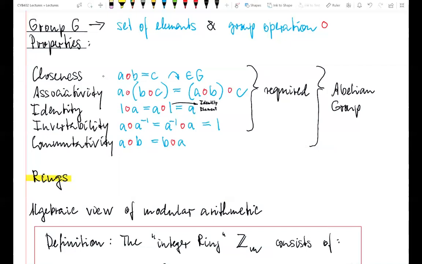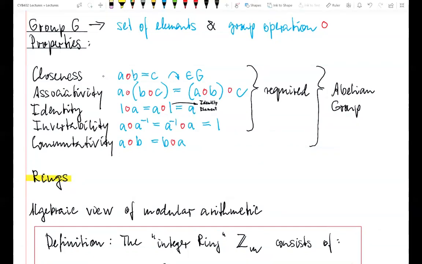We can first associate B with C by way of the group operation, and then associate A and the result of B plus C. And that would be the same as if we were to associate A and B first and then add C.